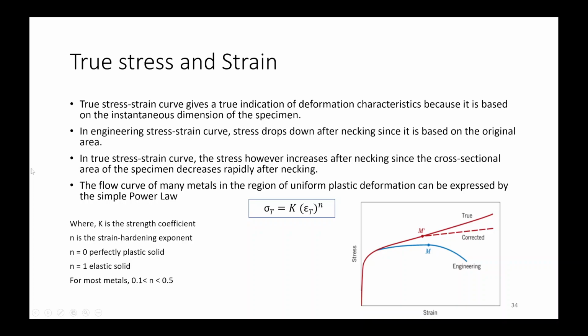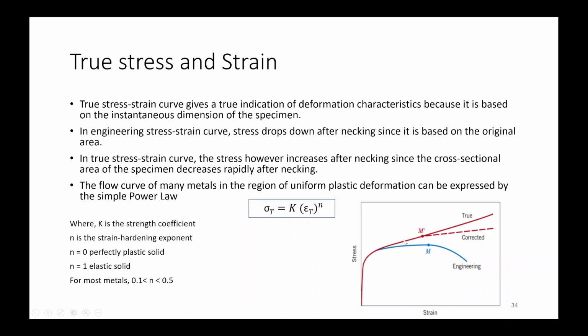In the true stress-strain curve, the stress however increases after necking since the cross-sectional area of the specimen decreases rapidly after necking. And the flow curve of many metals in the region of uniform plastic deformation can be expressed by the simple power law.